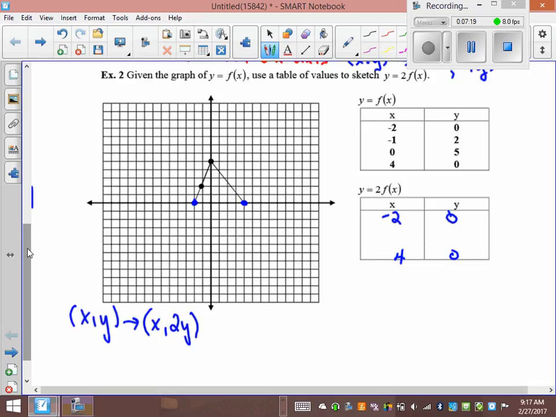Negative 1, 2. Negative 1 stays the same. And then we're going to multiply the 2 by 2. So it's going to be 4. So we're at negative 1 and 4 now. And then our x stays the same, 0. And our 5 gets multiplied by 2. So now we're at 0 and 10.